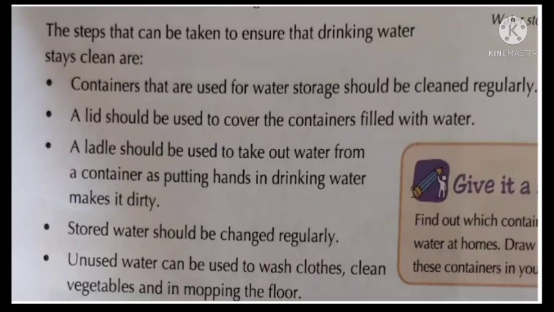A ladle should be used to take out water from the container because putting hands in drinking water makes it dirty. Stored water should be changed regularly. But that unused water can be used for washing clothes, cleaning vegetables, mopping the floor and in some other ways. So water should not be wasted.